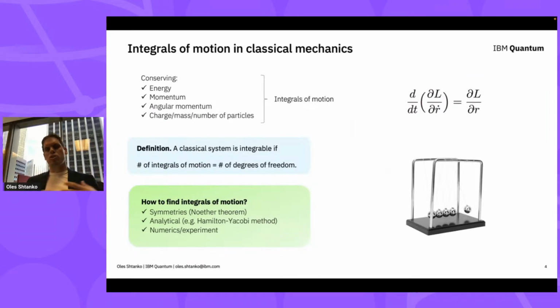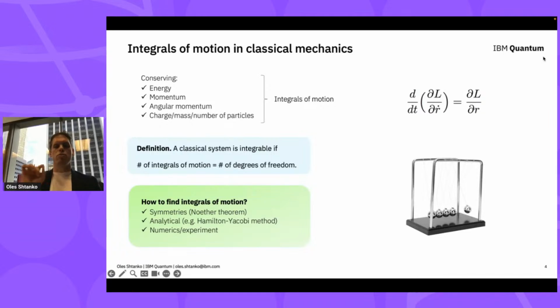The notion of integrals of motion comes from classical mechanics. For example, assume you want to solve a problem in classical mechanics such as Newton's cradle. To do so, you will probably need some sort of equation of motion. For example, you can use Newton's laws, or, as you see on the screen, the Lagrangian equation.